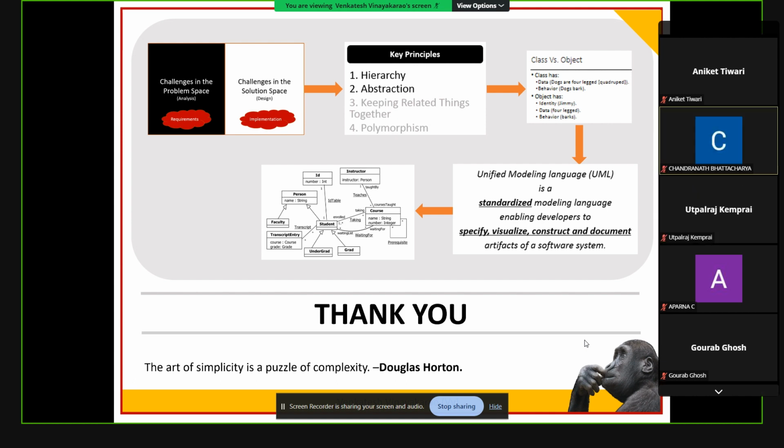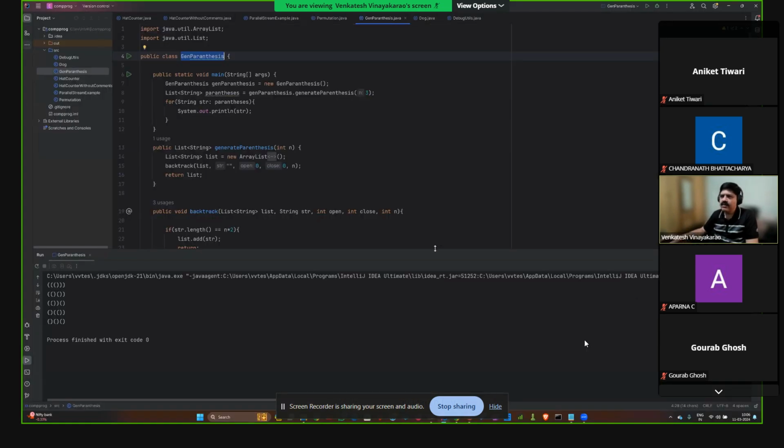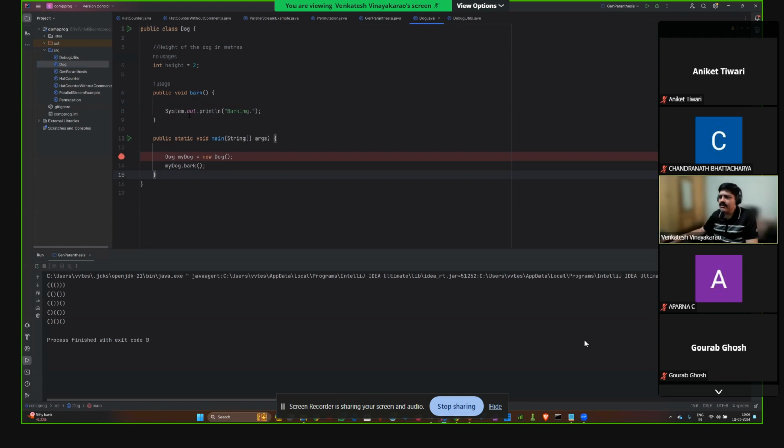Okay. Makes sense, right? So in fact, if I go to my dog example, so here, if I run this code, barking will be the output. Who was barking? My dog was barking. I can also create another dog, your dog, right?